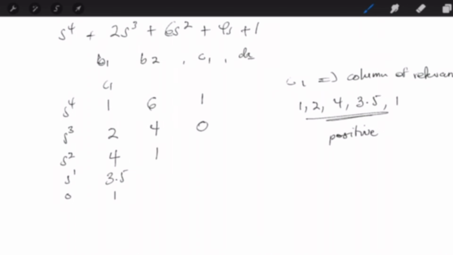So, by method of prediction, since all the values have the same sign, being positive, we can predict that our system is stable.